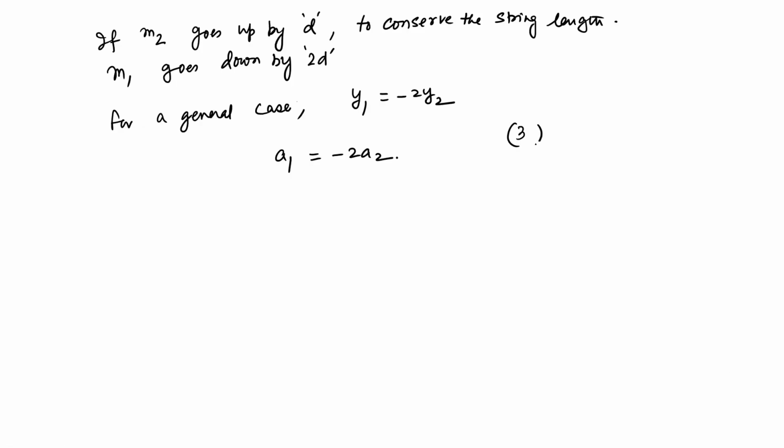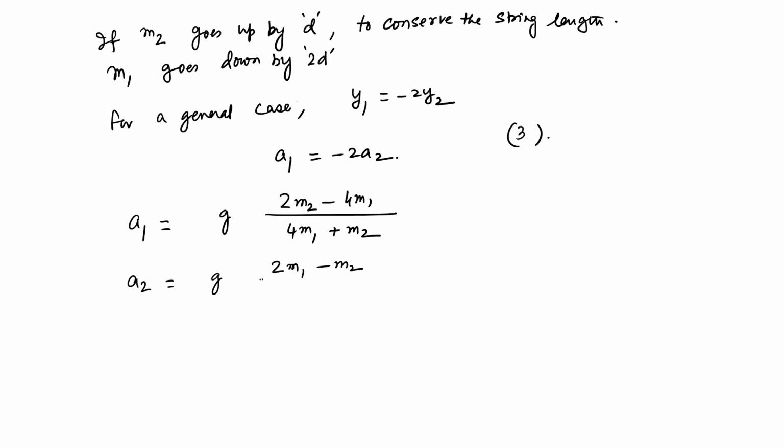This is how the accelerations are related, and now one can easily solve these equations to get a1 equal to g times (2 m2 minus 4 m1) divided by (4 m1 plus m2), and a2 equal to g times (2 m1 minus m2) divided by (4 m1 plus m2), and T equal to 3 m1 m2 g divided by (4 m1 plus m2).